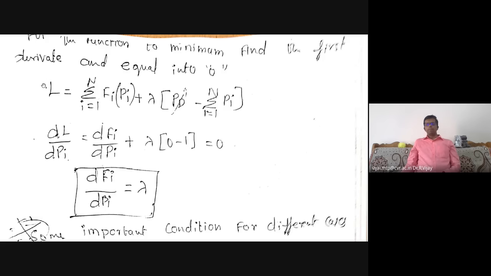After framing the Lagrange's function, we need to find the change in the fuel cost. Our fuel cost has to be minimum, so we need to find a small change in the fuel cost. That's why we differentiate this Lagrange's function with respect to Pi and equate it to 0.